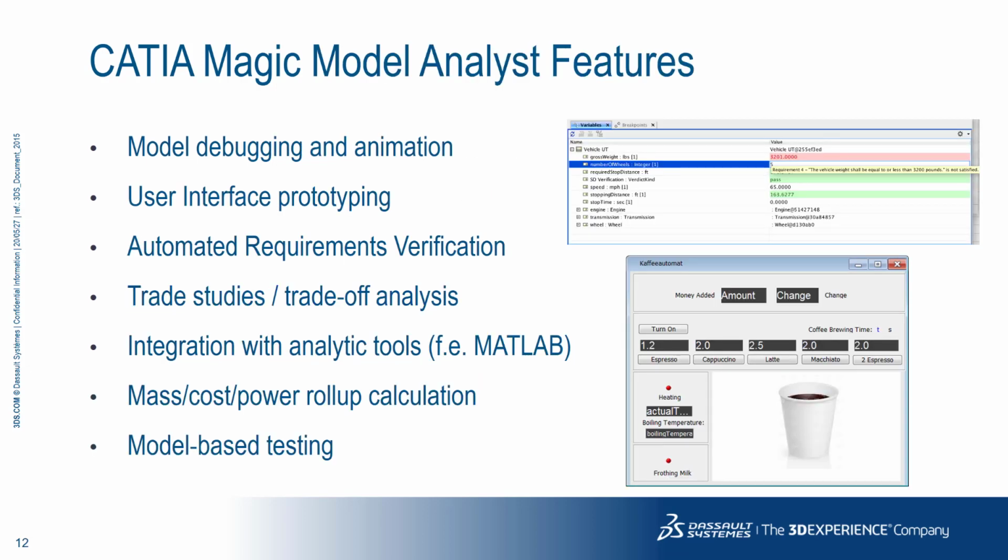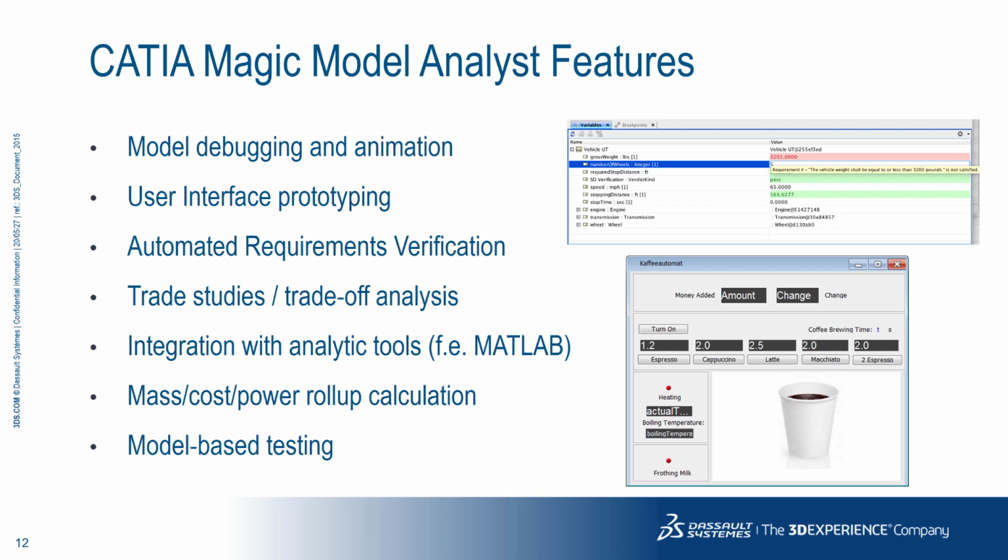In this slide, I'm going to show the main key features of CATIA Magic Model Analyst. With CATIA Magic Model Analyst, you are able to debug and animate your models. Also, you're able to create user interfaces. Another feature which it supports is automated requirements verification, so you are able to automatically verify your requirements against your model description.